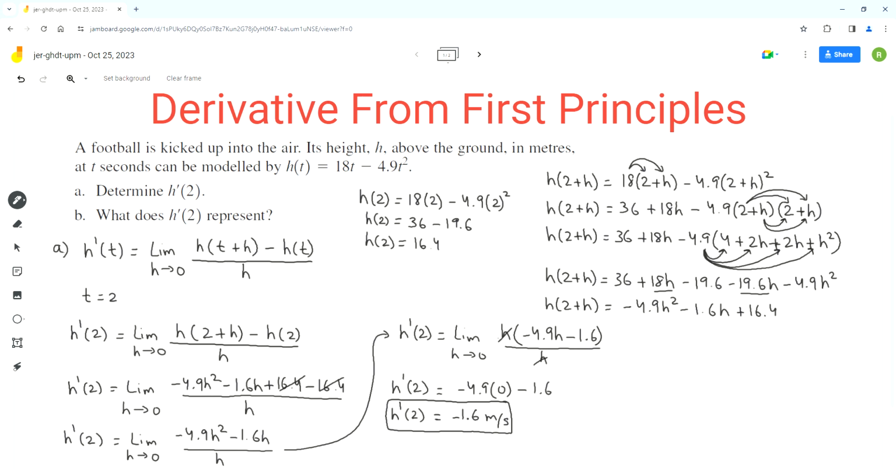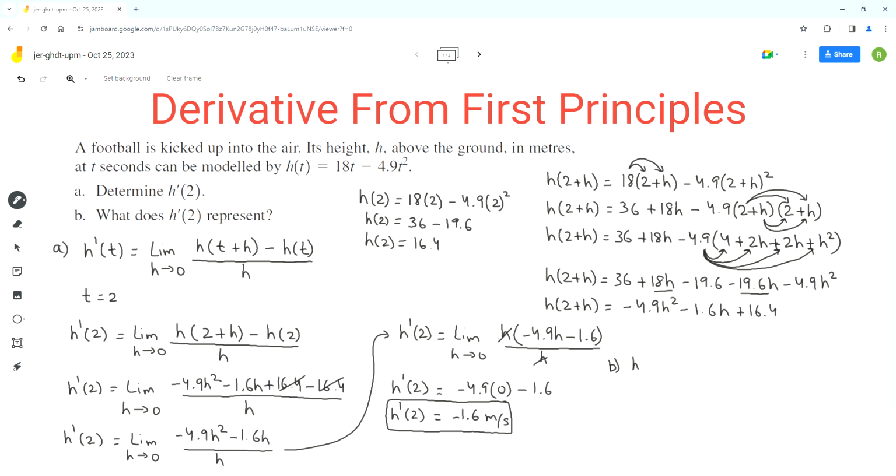Now we can answer part B. We have to find what h'(2) represents. It represents the rate of change of height of the football at t equals 2 seconds.